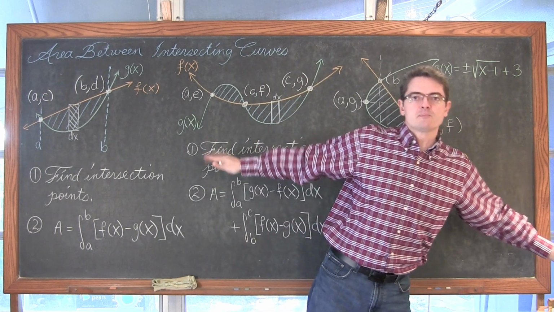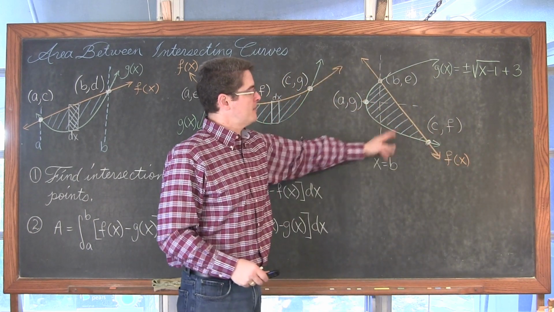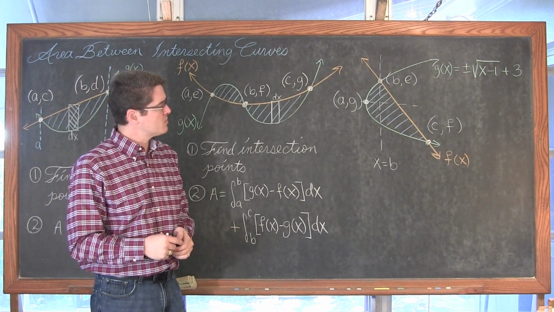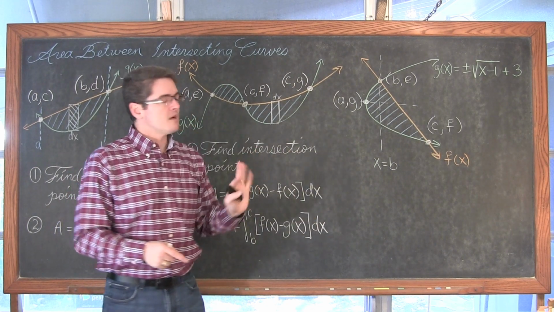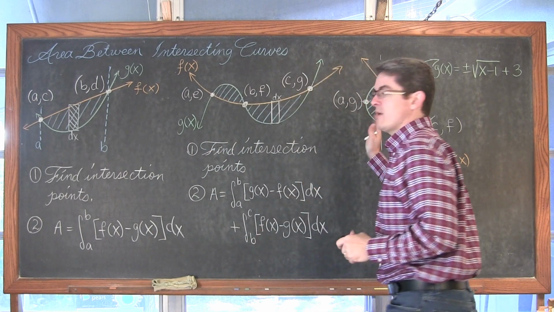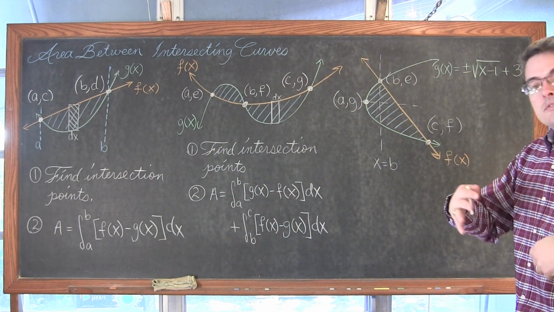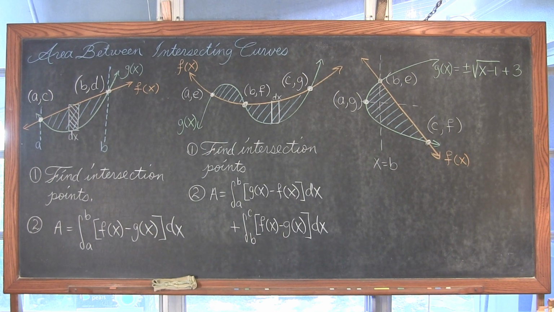So let me get out of the way, erase this board, and show you what it would look like. Now I'm not giving you function f, we're going to do that in great detail with the third example, I think it is. But let me just clear this off and show you a little bit of an idea of what it would look like algebraically to find that area if you're going to use vertical rectangles and integrate with respect to x.